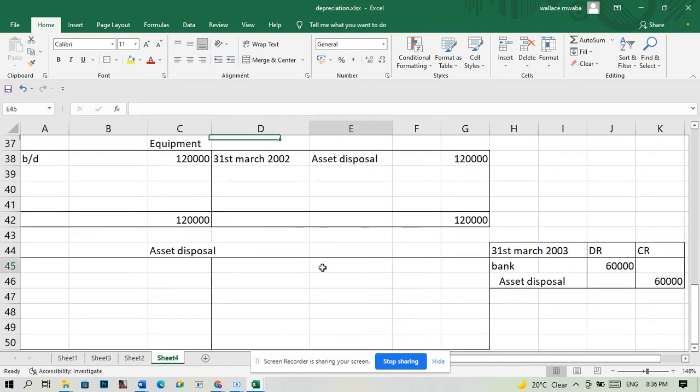So we're going to say accumulated depreciation, 31st March 2003.